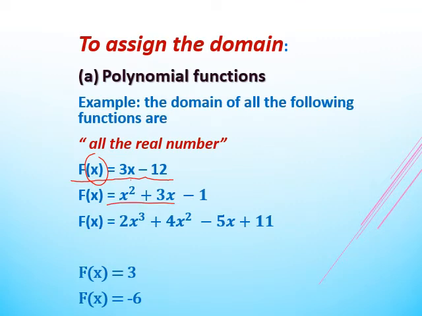Any function that is not a fraction or radical function, that is in polynomial form, will have a domain of all the real numbers. Also, for constant functions that have no variable on the right-hand side, the domain will be all real numbers.